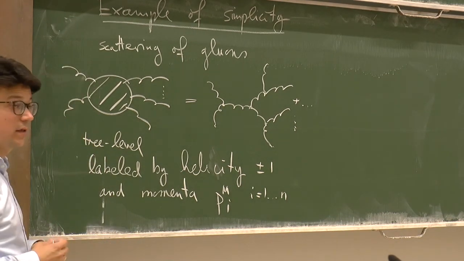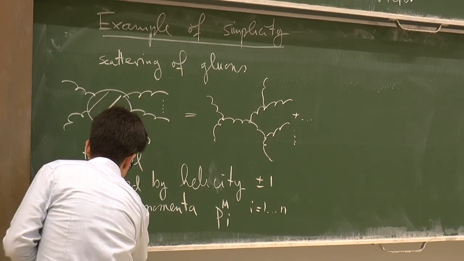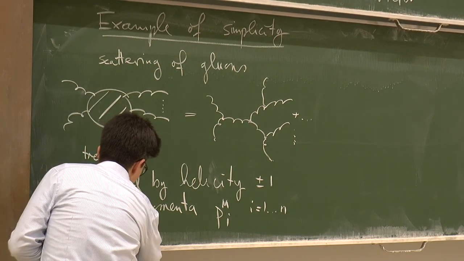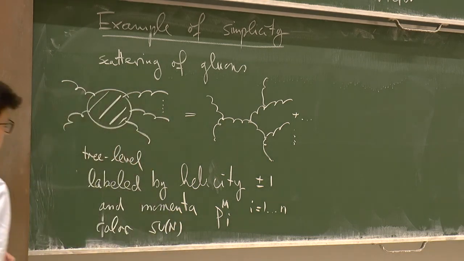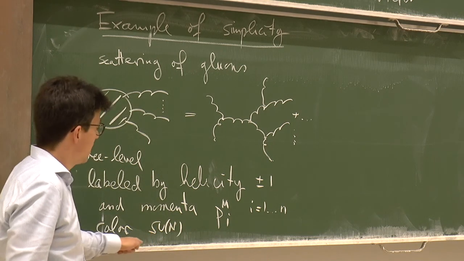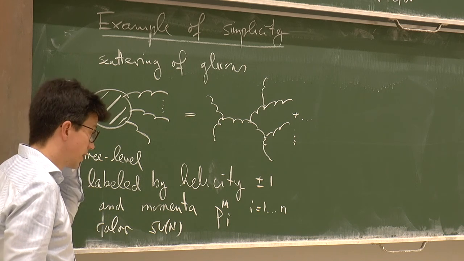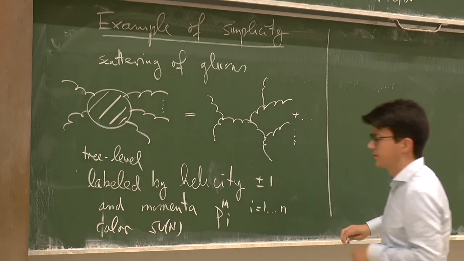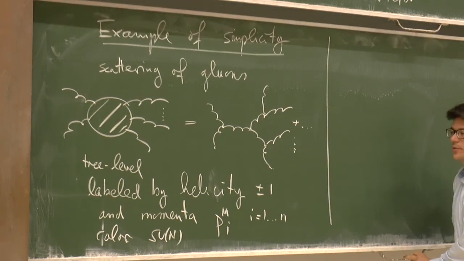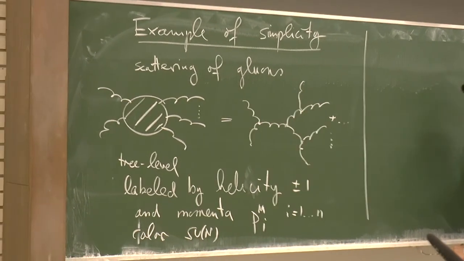There's actually also color, because they are adjoint particles in SU(N), but that I'll discuss a little bit later. So for now, I'd just like to get to a stage where I can present to you some sample formula.